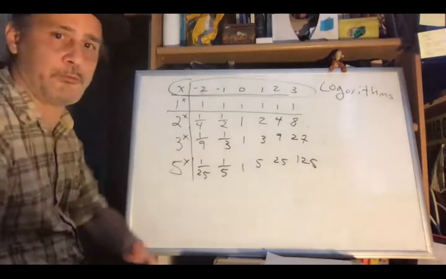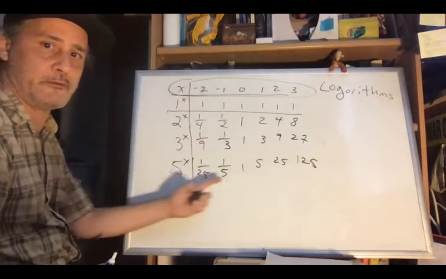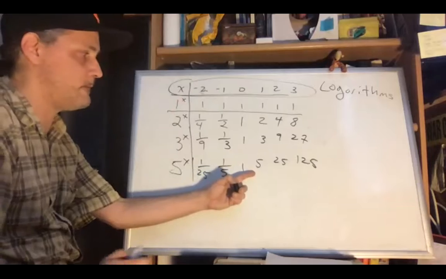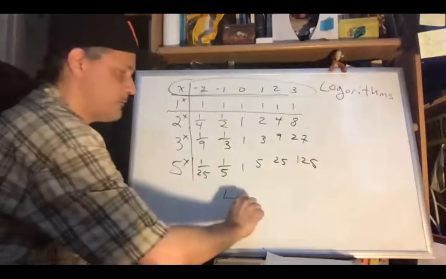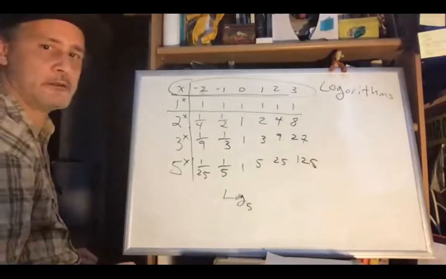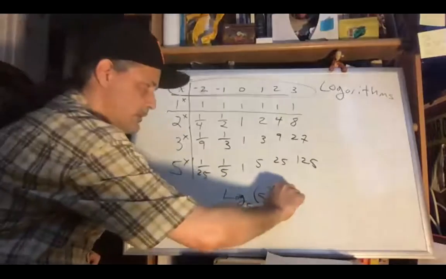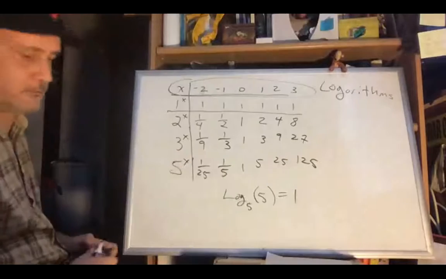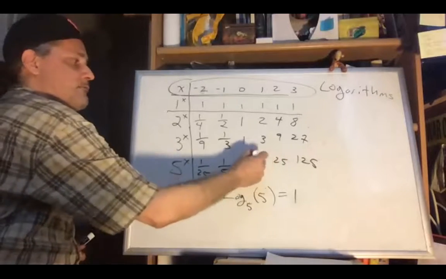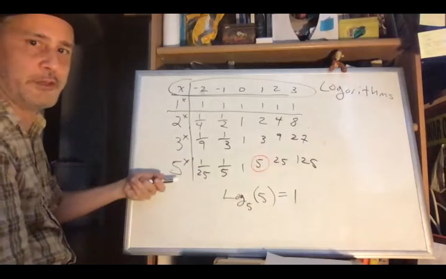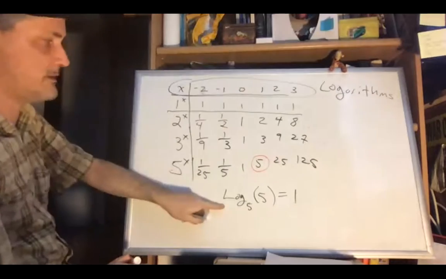Well, if we're using base 5, the exponent would be 1. So the log using base 5 to get a value of 5 would require an exponent of 1. That's what that statement means.